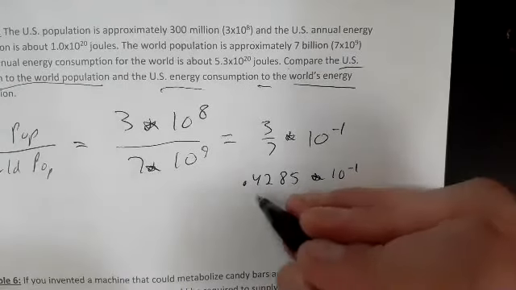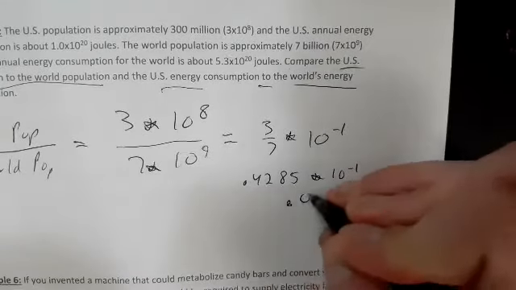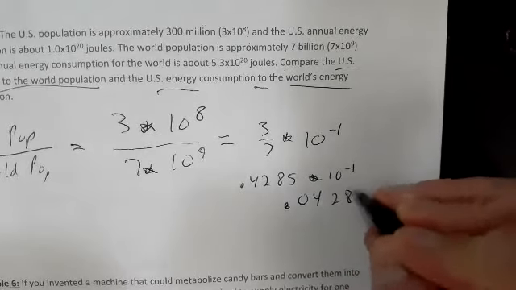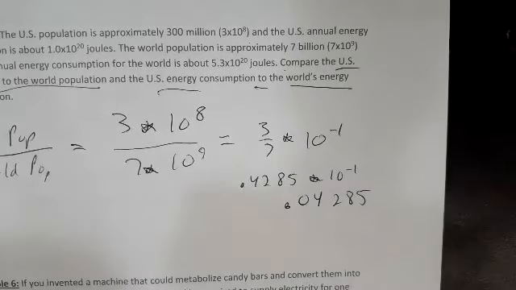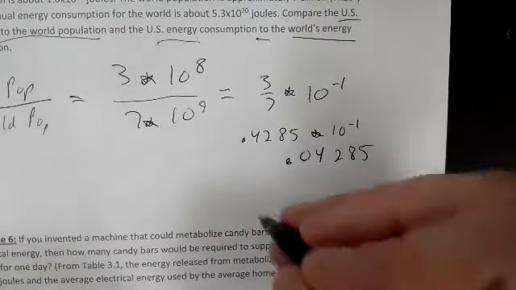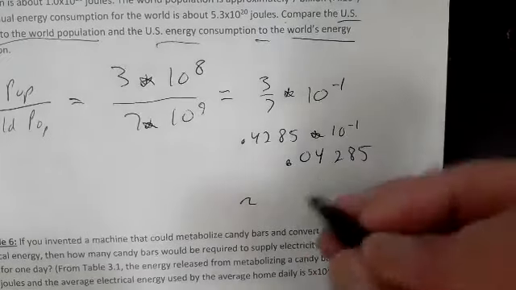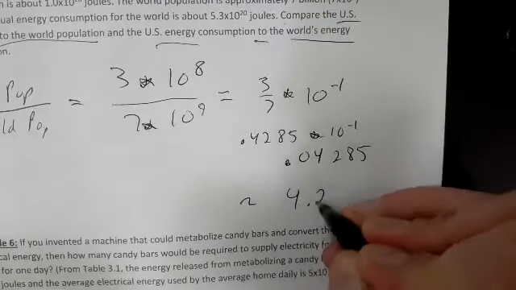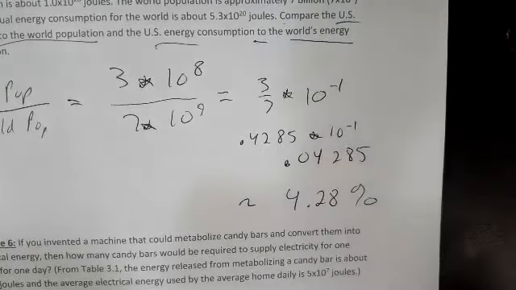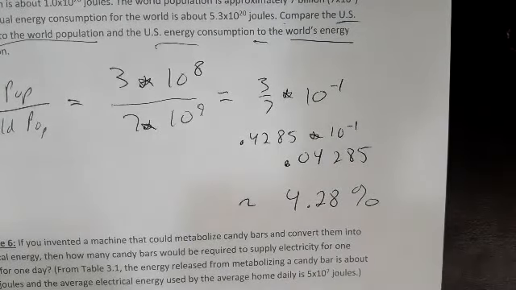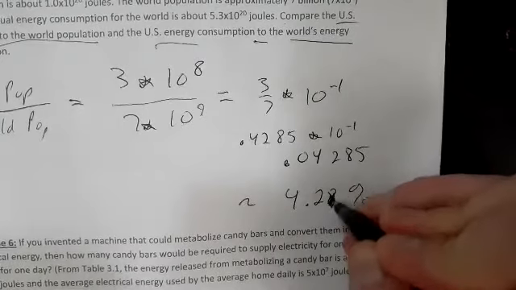We're still going to move it over a decimal place, so this would be 0.042. So what this is telling me is the U.S. population is about, if we convert this to a percentage now, about 4.28%. We should round that up, 4.29, sorry.